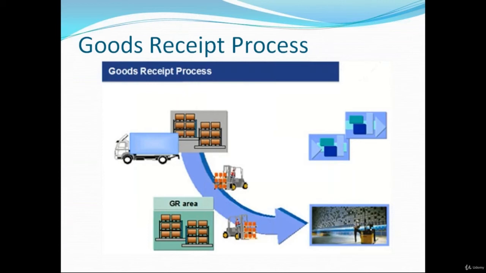If the plant and storage location is linked to the warehouse, then whenever we are doing the IM posting, we are mandated to do the same posting in WM. Why is that? The system will understand there is an IM posting. So in order to keep the item quantity the same in the IM as well as in WM, it is mandatory to have the IM posting followed by the WM posting.